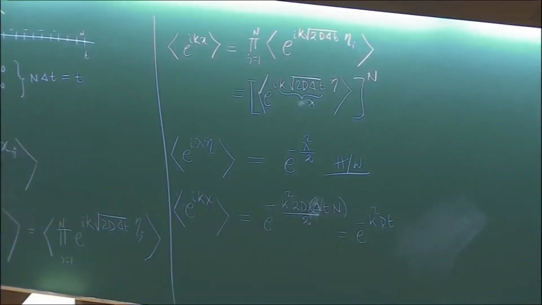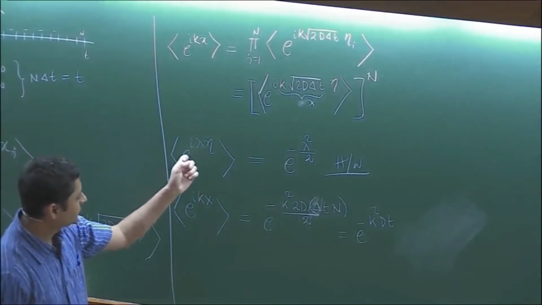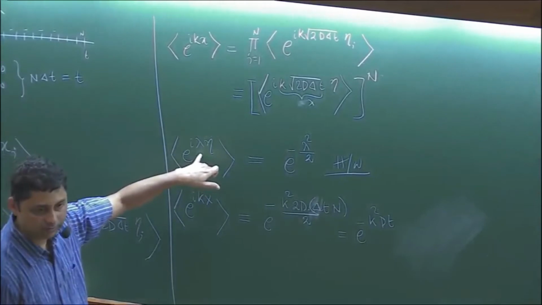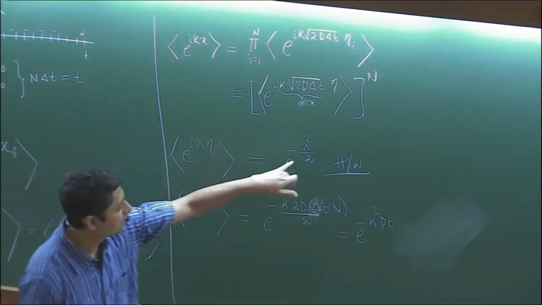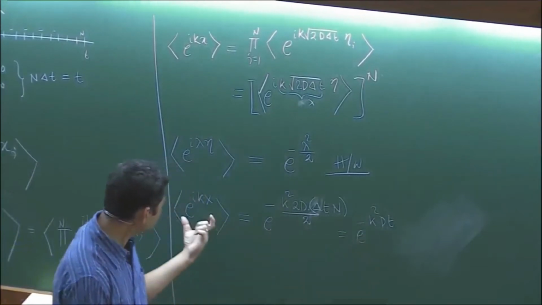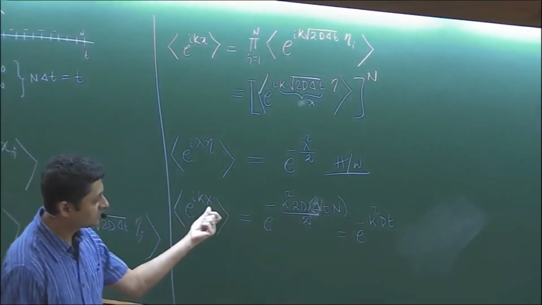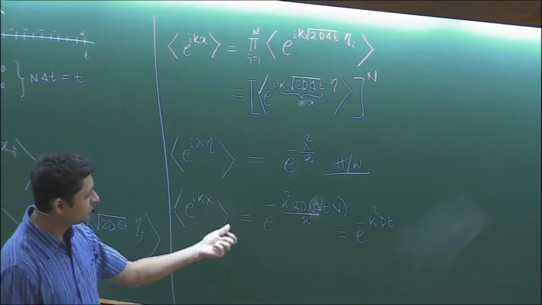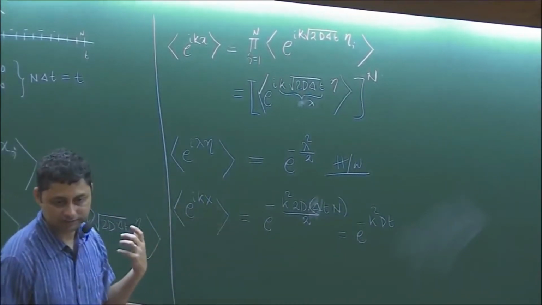The characteristic function of a Gaussian random variable always has this form. So this is the characteristic function of the full x. So what should be the distribution of x then?